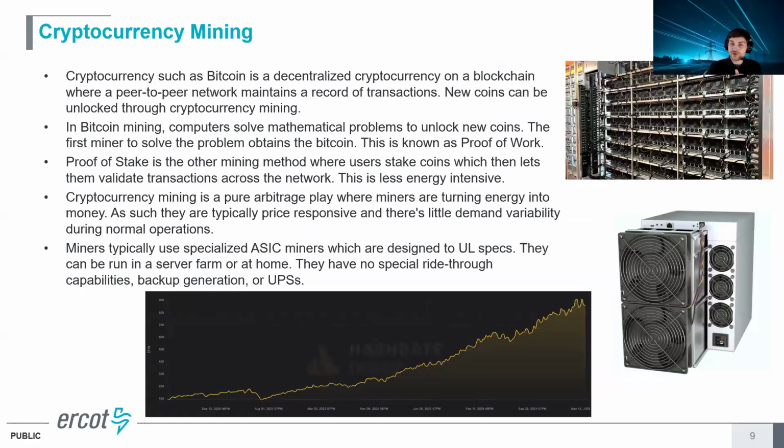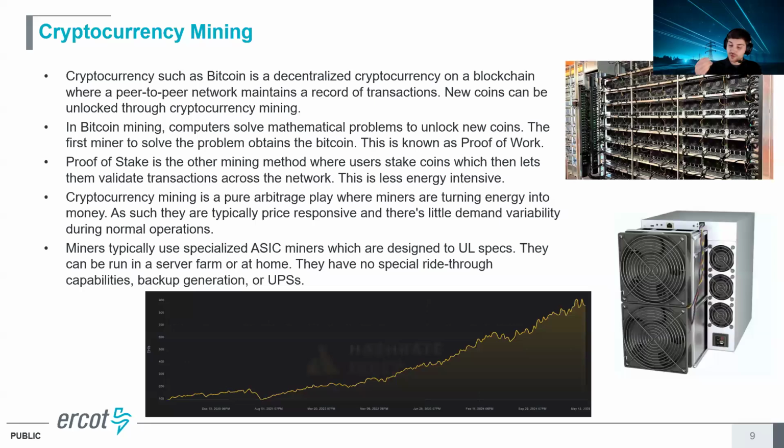Now for cryptocurrency mining, I'm sure most of you are aware of Bitcoin, one of the most famous cryptocurrencies. With cryptocurrency mining, the computers are trying to solve mathematical problems to unlock new coins. The thing I want to focus on is that crypto mining is a pure arbitrage play. Miners are taking electricity and basically turning it into money.